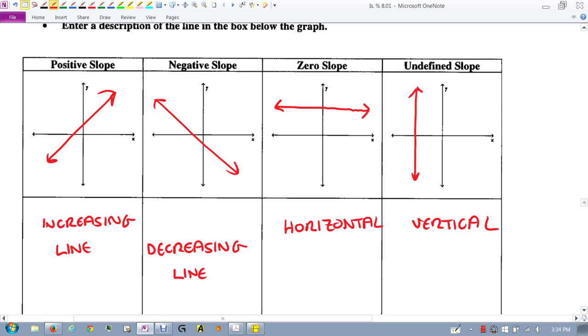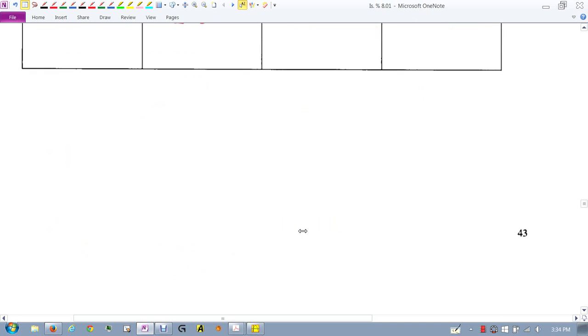We're going to describe these with the positive slope. We're going to talk about it as being an increasing line. So as you move from left to right, you're increasing. Do you all see that? Negative slope, you would be decreasing as you move left to right. Then horizontal, then vertical. Questions?